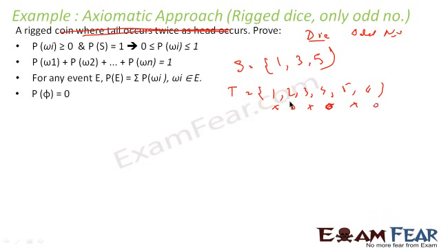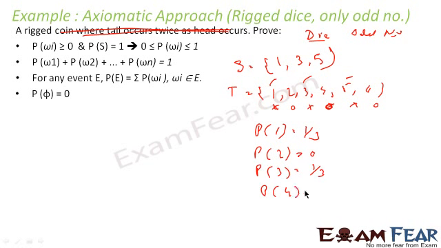For every time we throw a die, we could get 1, 2, 3, 4, 5, 6. There are 6 items, but the even ones are 0, so we have only 3 items. So the probability of 1 is 1 by 3 because there are only 3 outcomes. The probability of 2 is 0 because we never get it. The probability of 3 is again 1 by 3.